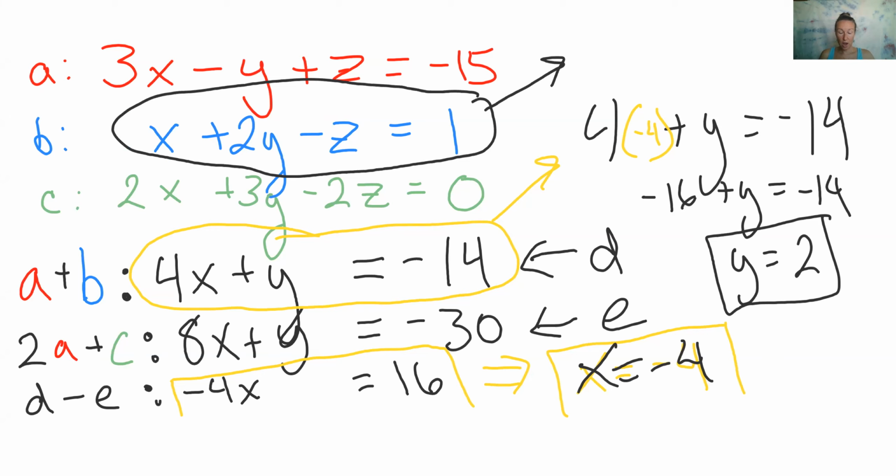Okay. So let's go with our middle equation, this guy right here, and let's take him to the side. So we've got x plus 2y minus z equals 1, but we're going to replace our x with a -4, and we're going to replace our y with a 2.